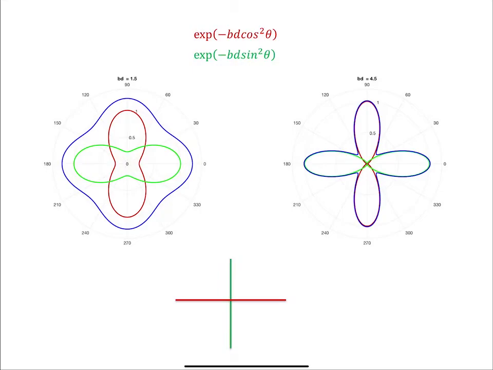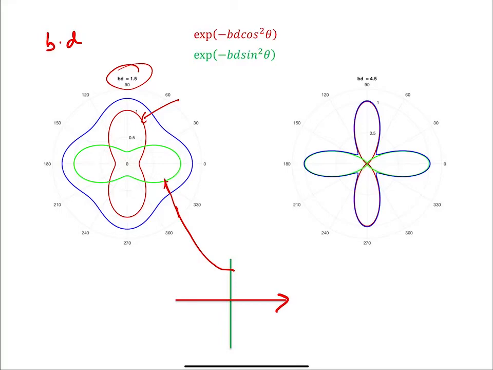This is just showing you a little bit of how things look. So for example, BD stands for the b value times the diffusion coefficient. So for example, the red here is for a fiber going this way, and the green here is for a fiber going that way. Okay, so b times D is, in this case, 1.5. Then those look pretty much like peanuts, and they look like pretty fat peanuts.